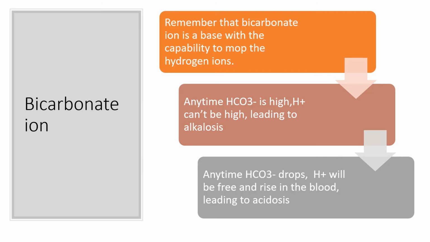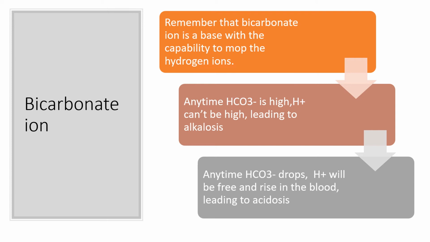The bicarbonate ions. Remember that bicarbonate ion is a base with the capability to mop up the hydrogen ions. Anytime bicarbonate is high, hydrogen cannot be high, then we are dealing with alkalosis.